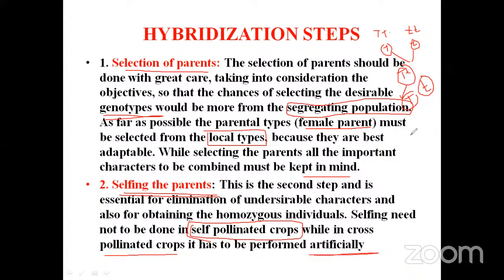For example, capital T, small t is one of the desirable characters in one plant. Do you want the same? Would you like to self-pollinate the same plant? When you self-pollinate the same plants, the desirable characters carry forward to the next generation, continuing in each and every generation.